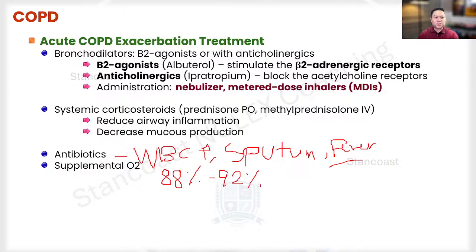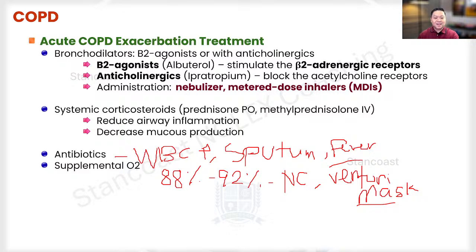So how are we going to deliver that oxygen? We can deliver it through a nasal cannula, or it could be the Venturi mask. The Venturi mask is the safest method in the delivery of the oxygen.